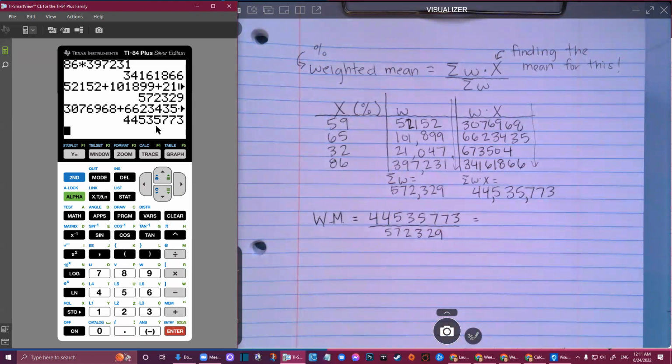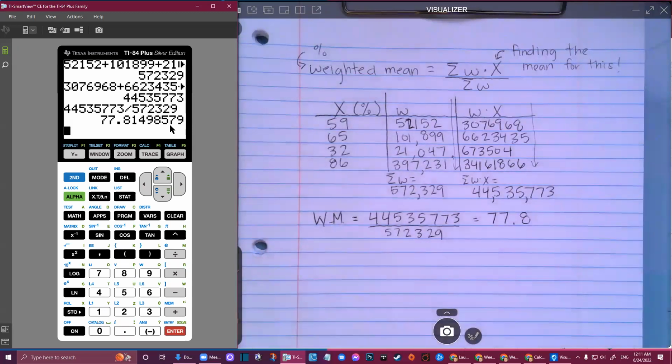On our calculator, we're going to do that division really quick. And we get 77.8 as our answer.